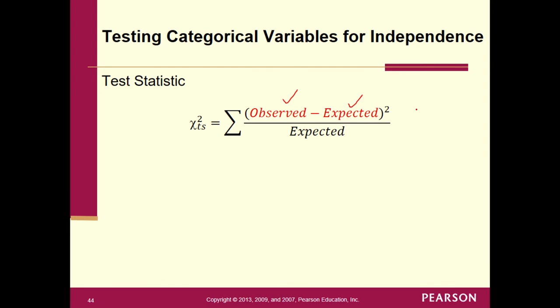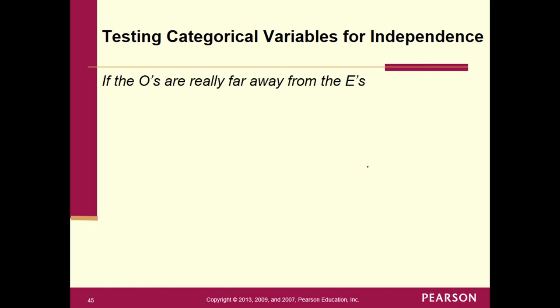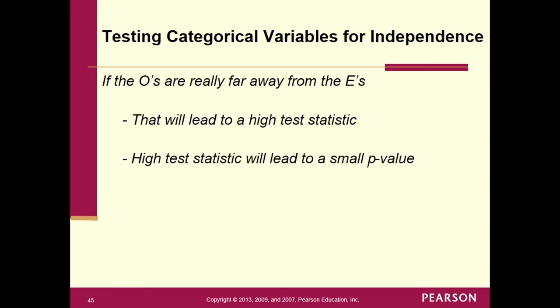All right. However, if they're really far apart, what's going to happen to the test statistic? Meaning the observed values are really far away from the expected. Okay, let's think about this. If the O's are really far away from the E's, that will lead us to a high test statistic. High test stat leads to what? A small p-value, as we know.